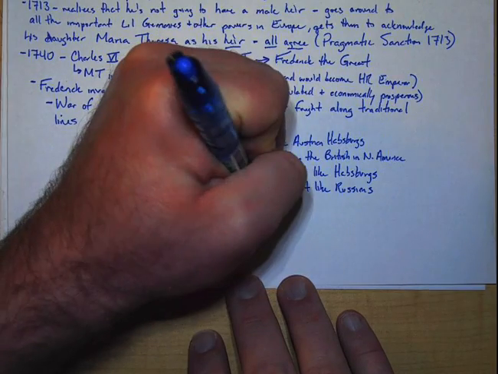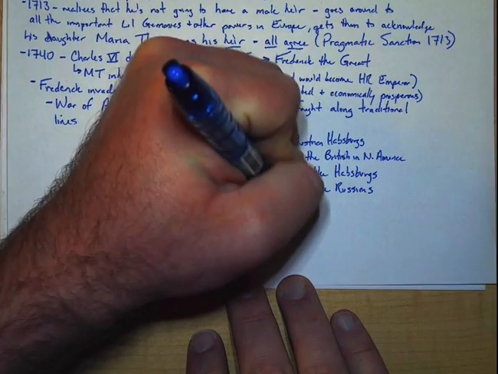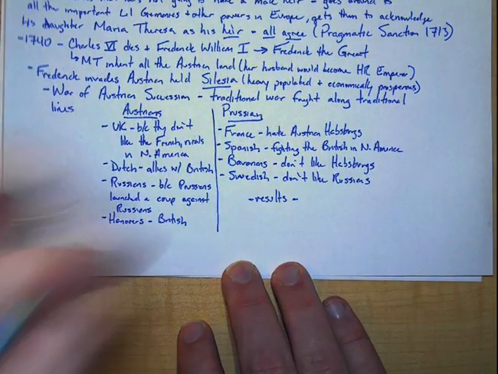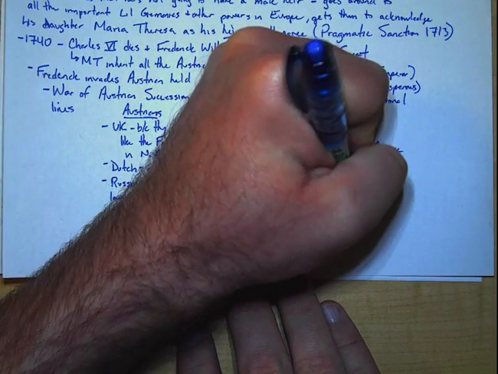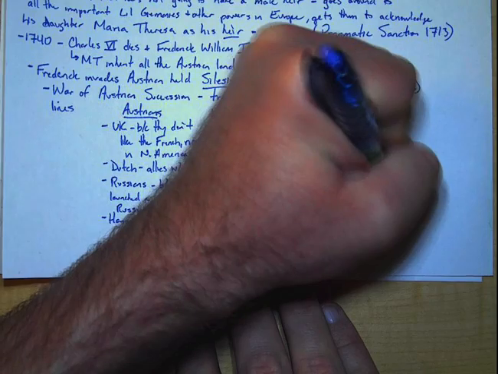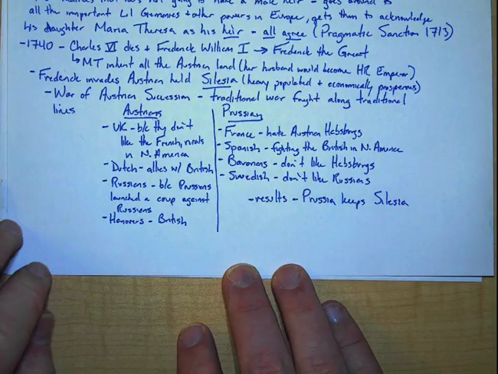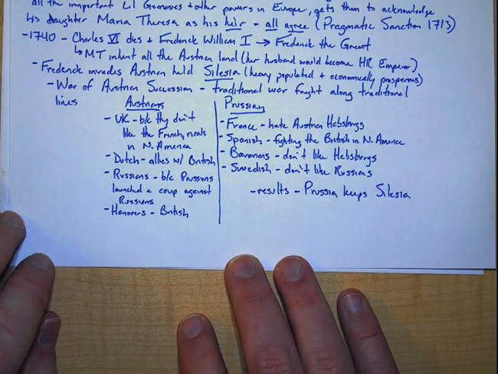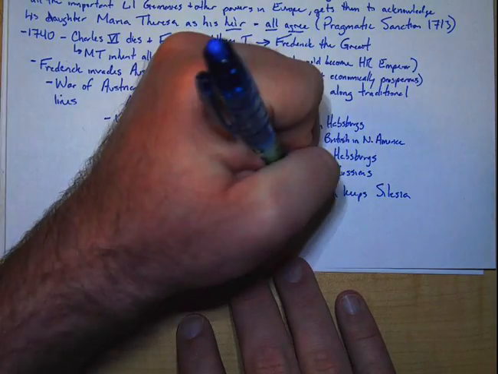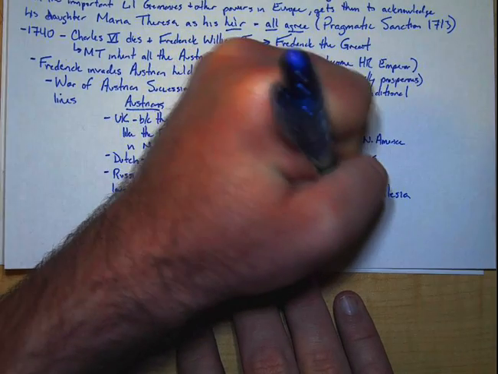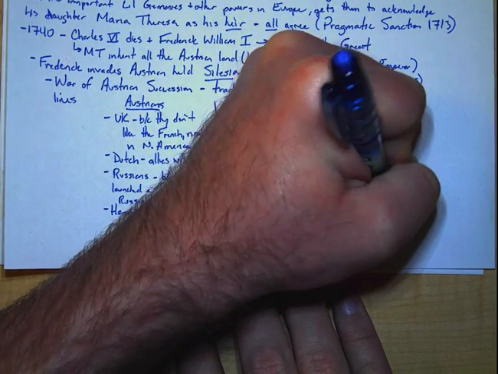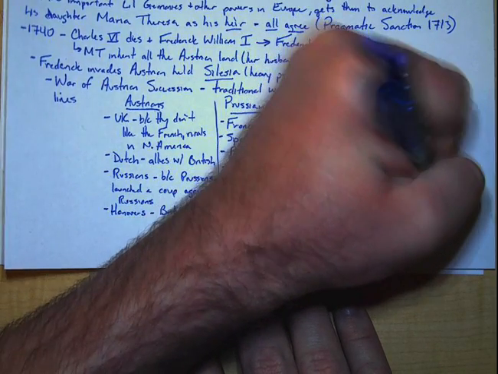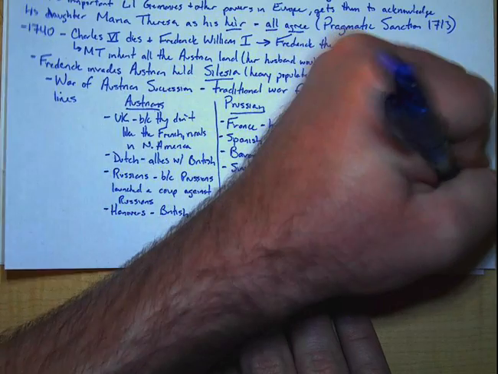Here are the results. Prussia keeps Silesia. Maria Theresa gets to keep all the stuff she inherited.